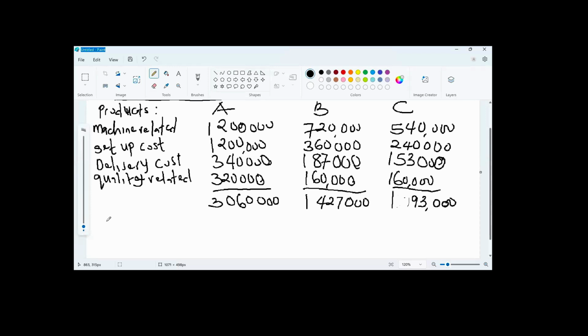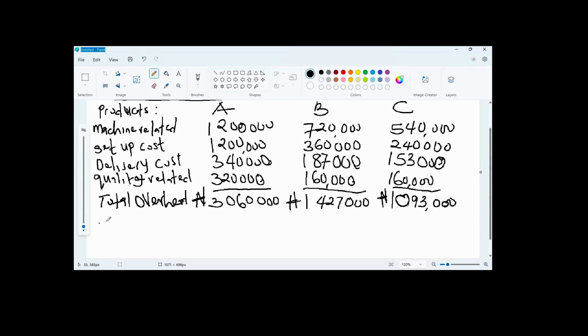Because the total overhead was 5,580,000. This is total overhead for each product. But I want to calculate overhead cost per unit. This is in Naira. We are almost done. Don't worry.